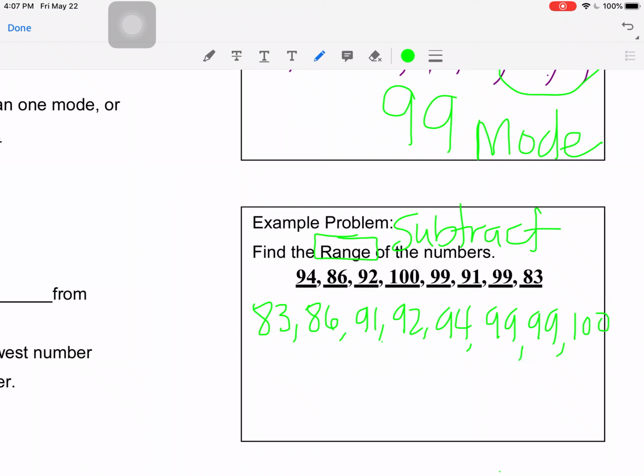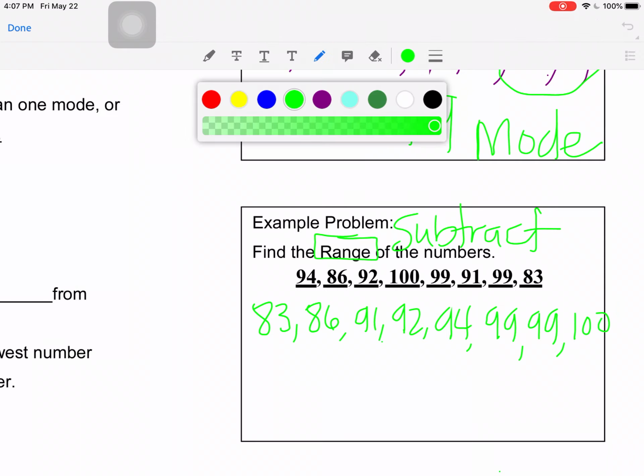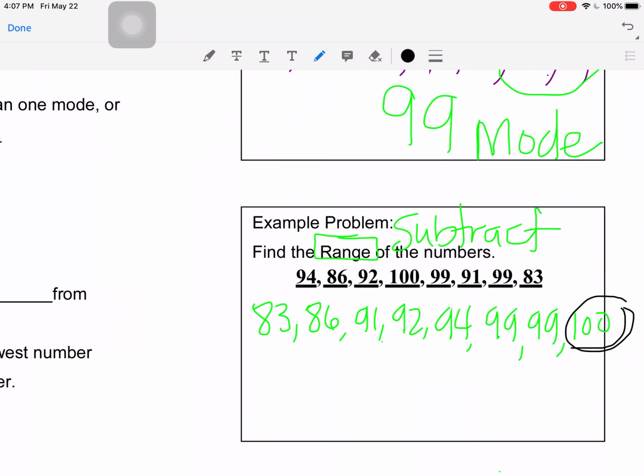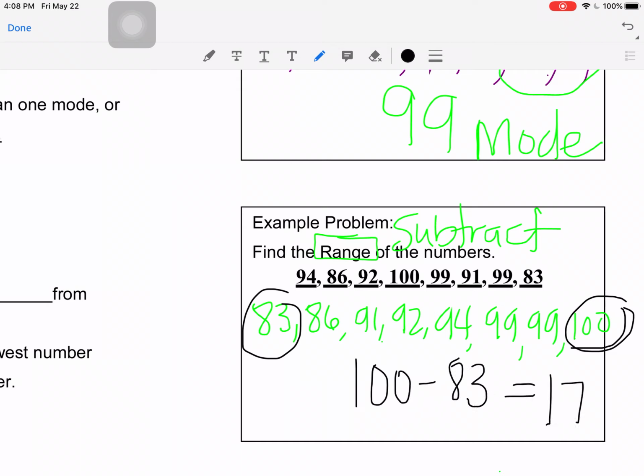Okay. Then we take our lowest number and subtract it from our highest number. So our highest number is 100. Our lowest number is 83. So we have 100 minus 83, which gives us a range of 17. So 17 is our range.